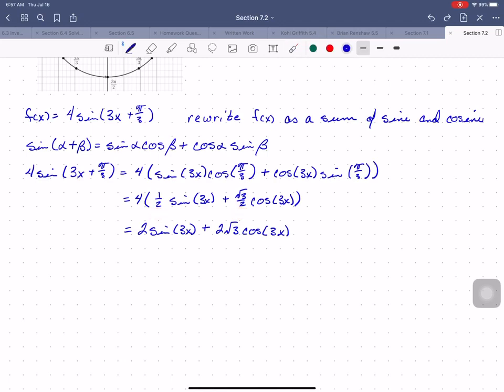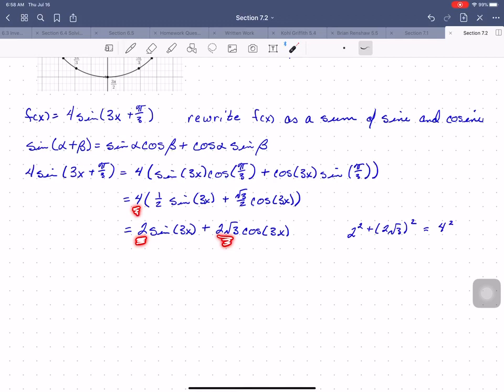So it turns out that 2 squared plus 2 square root 3 squared equals 16, which is 4 squared. So this number squared plus this number squared is always going to equal that number squared.